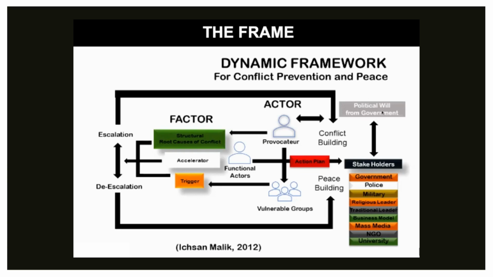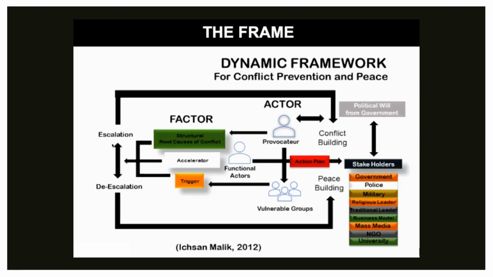And the fifth element is the political will from the government. This is important. And we can see that one by one, the dynamic of the framework. Sometimes conflict starts with the dispute or with the tension and mobilization in the escalation process.